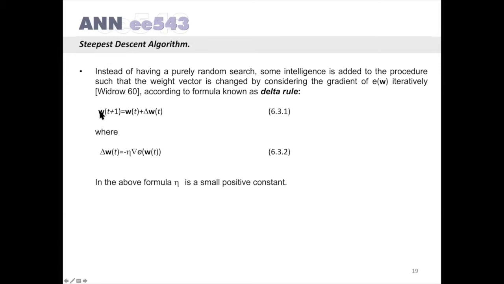The rule says that the weight vector at t plus 1 is equal to the weight vector at step t plus delta W t, where delta W t is equal to minus eta times the gradient of the error at W t. In the above formula, eta is a small positive constant, which is called the learning rate.